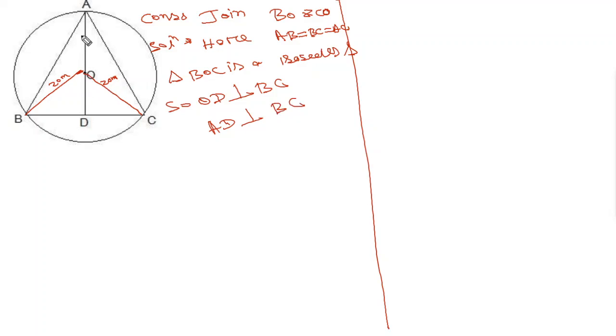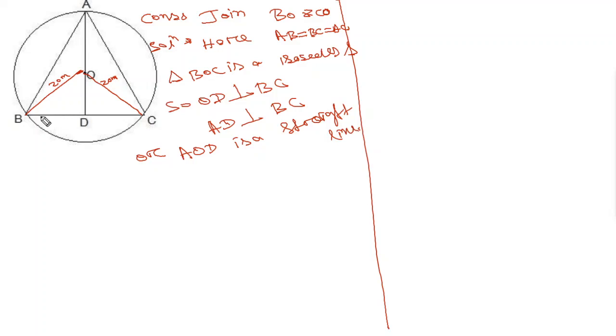So we can say AOD is a straight line, or AOD will fall on a line.